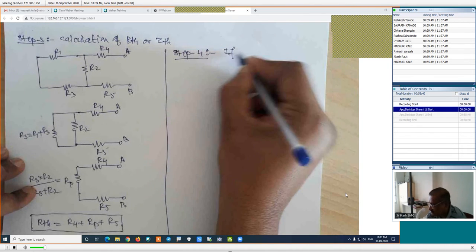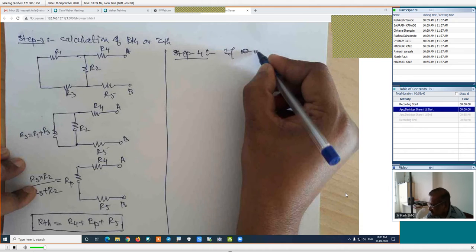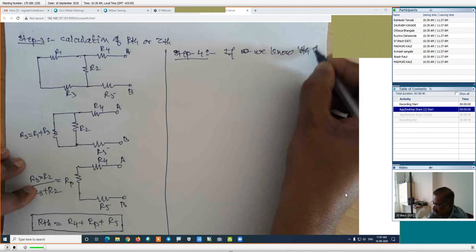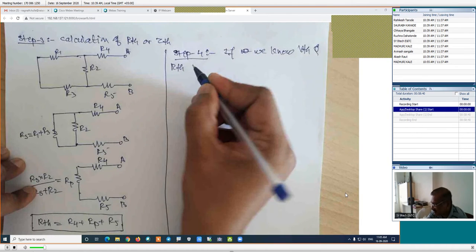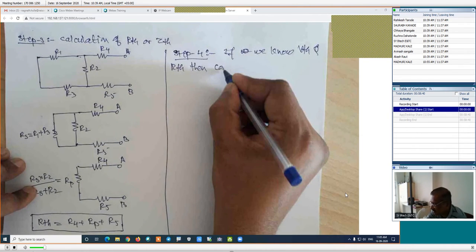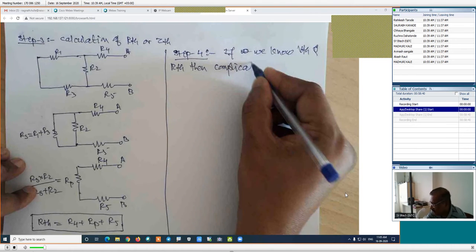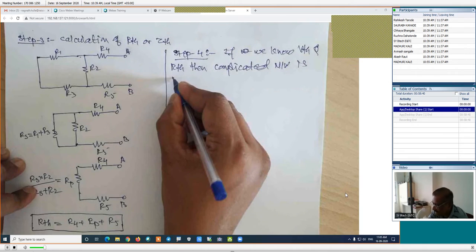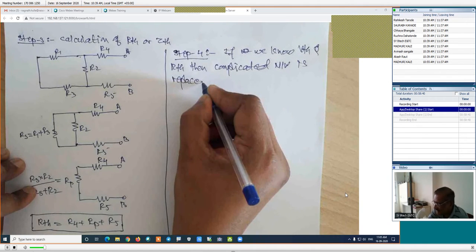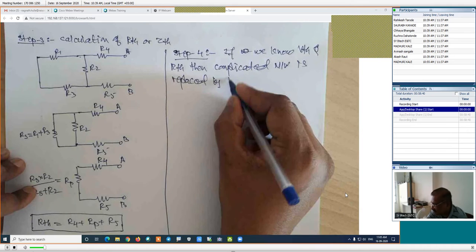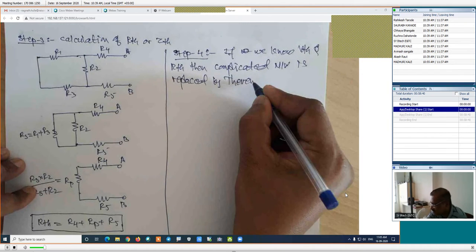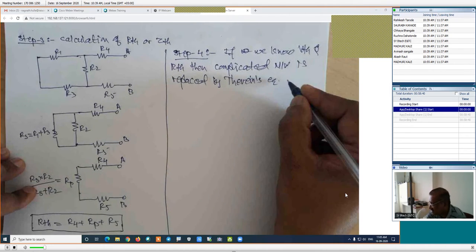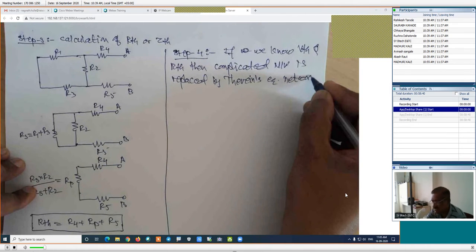If we know VTH and RTH, then the complicated network is replaced by Thevenin's equivalent network. Is it right?